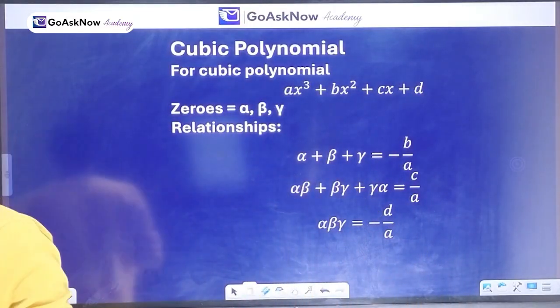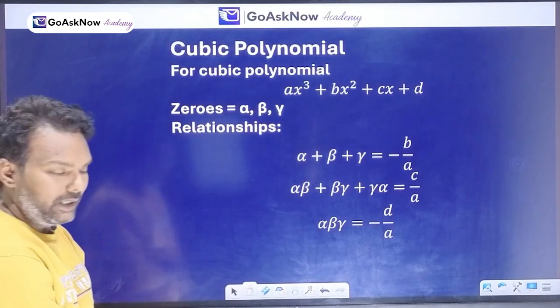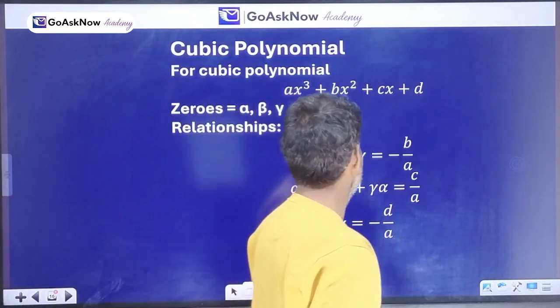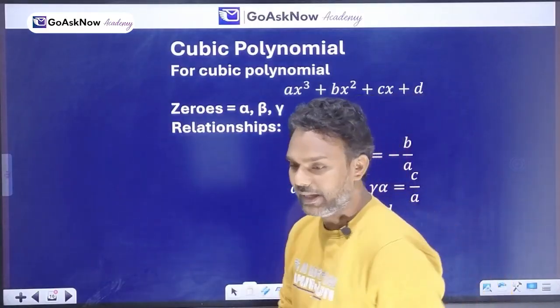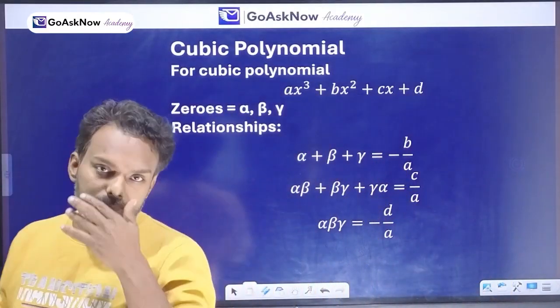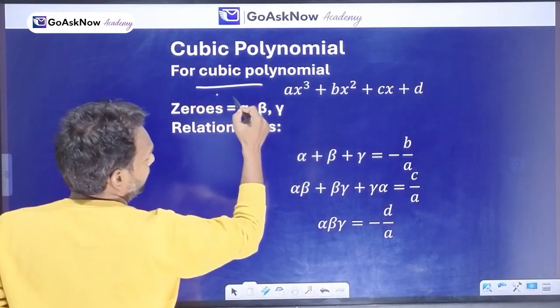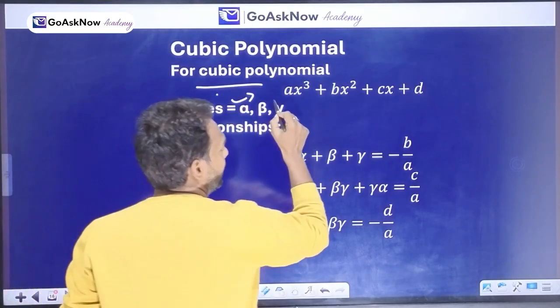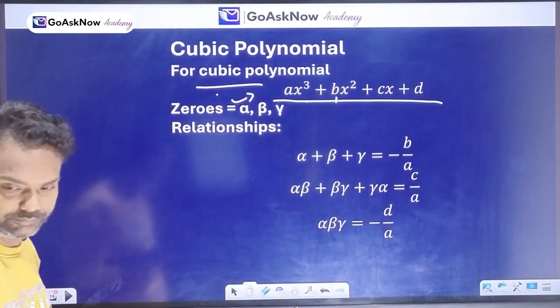Now we are going to study the same for a cubic polynomial, but we are not going to learn this in depth because it is out of syllabus. Okay? So just an overview. What is a cubic equation? A cubic equation is an equation in the form of ax cube plus bx square plus cx plus d.